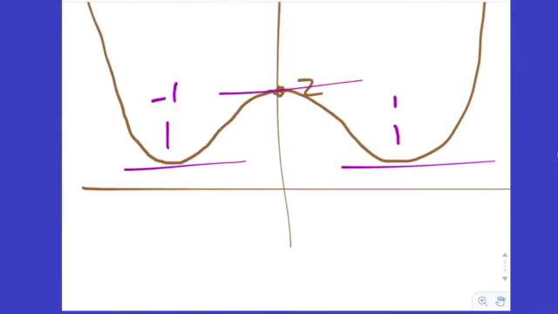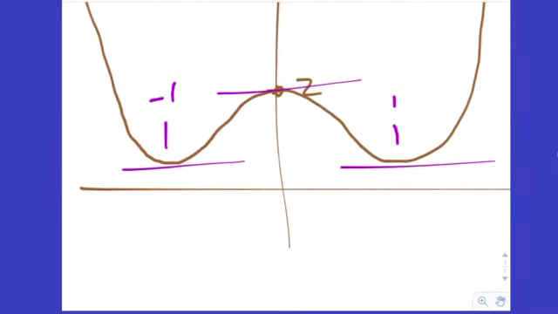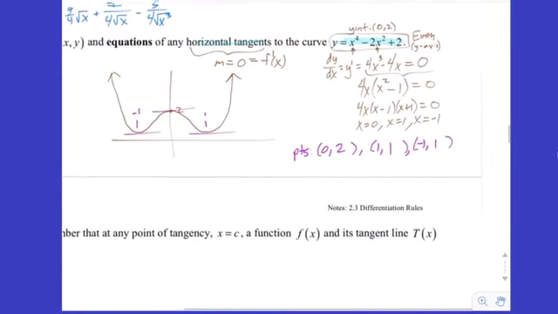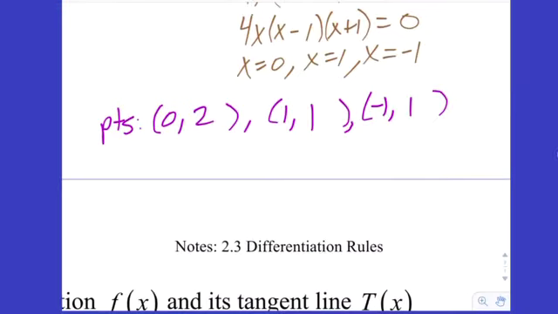Now we need to write the equations of these actual horizontal line segments. What's the equation of a horizontal line look like? It's just y equals, right? So it's going to be the y values through which the line passes. So the equation of the horizontal tangents, I'll put the equations down here. This one's y equals 2. This one's y equals 1.